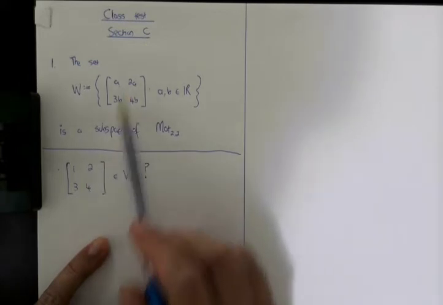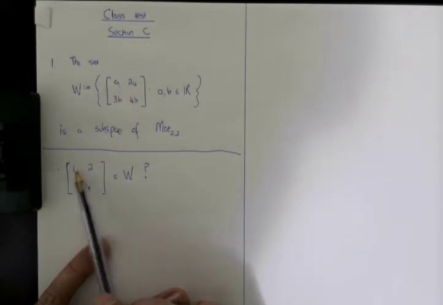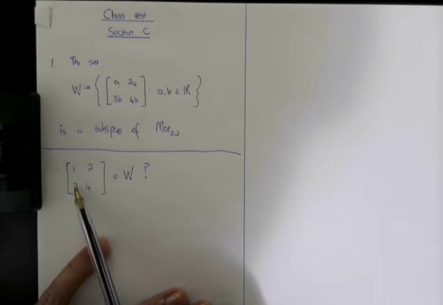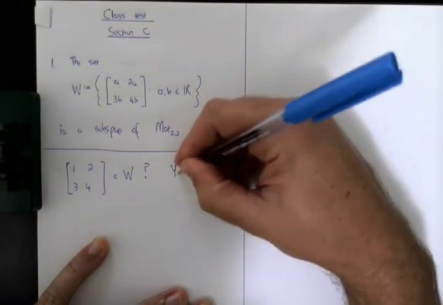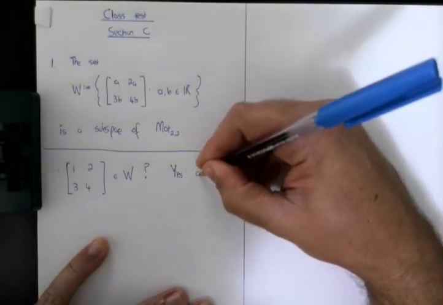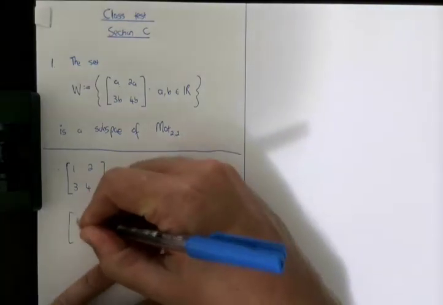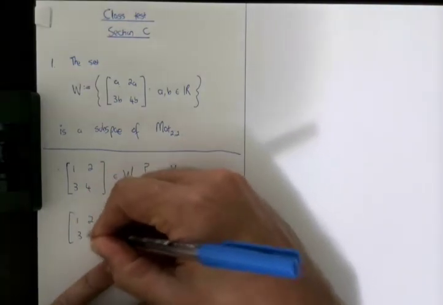Can I find an A and a B such that 1 is equal to A, 2 is equal to 2A, 3 is equal to 3B, and 4 is equal to 4B? The answer is yes. It'll be of that form when A is 1 and B is 1. How about this matrix? Is 1, 2, 3, 3 in W?